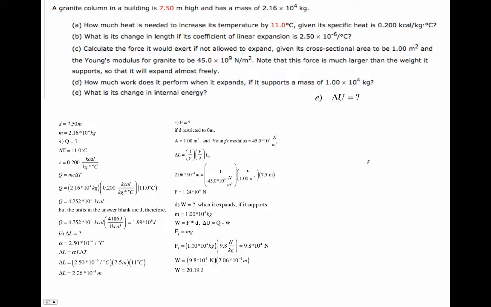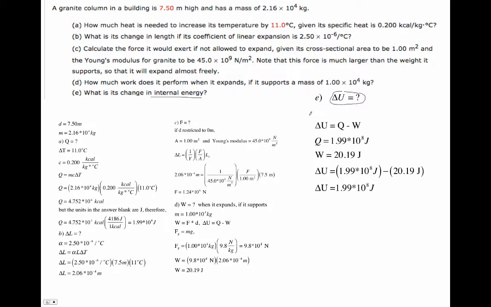Problem number E. What is the change in internal energy? So now we are hunting for a change in internal energy. Now we can go back and use that formula that I wanted to before, delta U equals Q minus W, because we have the work.